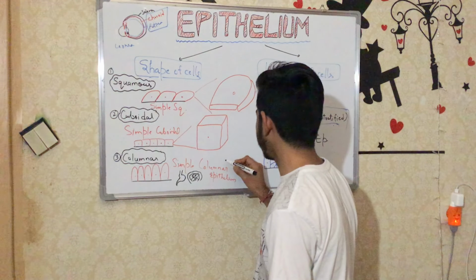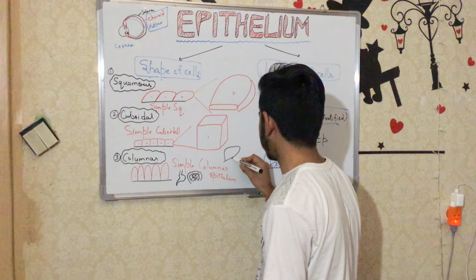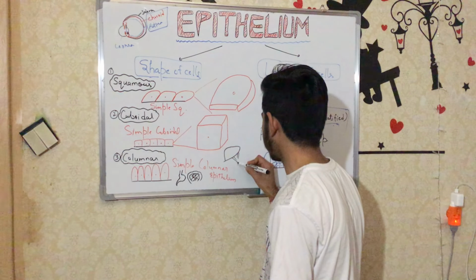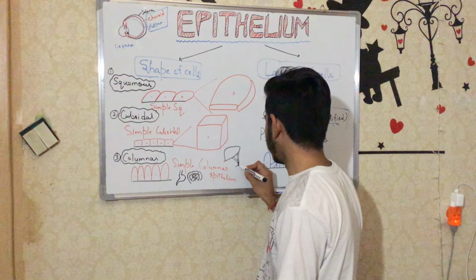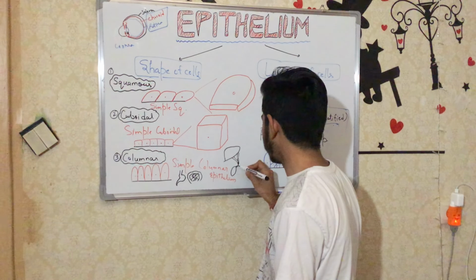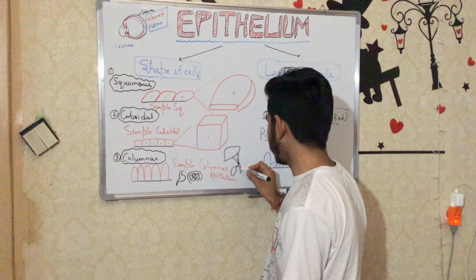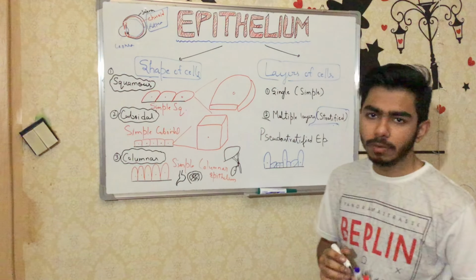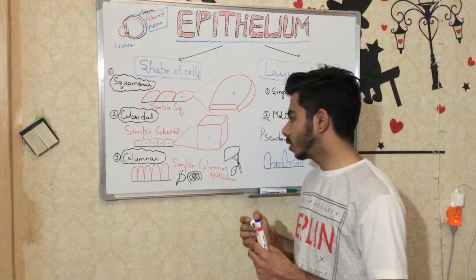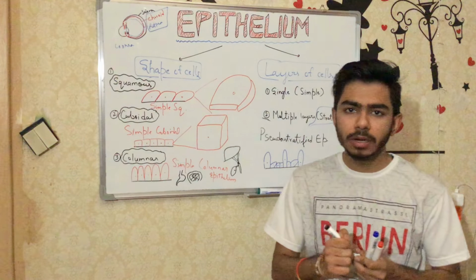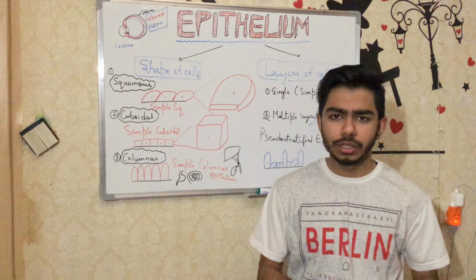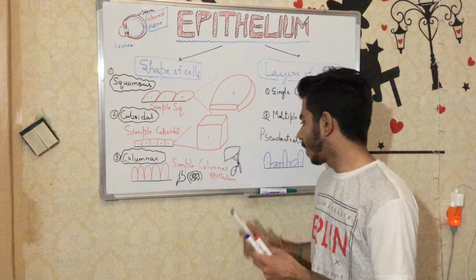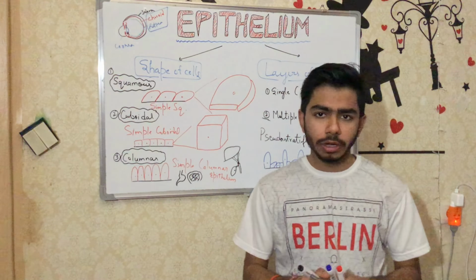For example, this is the liver, the right and left hepatic ducts making the common hepatic duct. Here we have the cystic duct, and here the gallbladder. There is the common bile duct. So simple columnar cells represent the mucous membrane of the stomach, our GIT most commonly, the small intestine, large intestine, and our gallbladder.